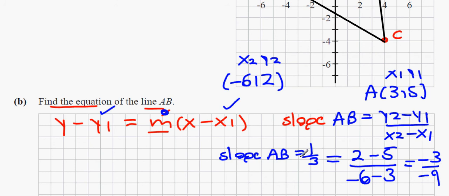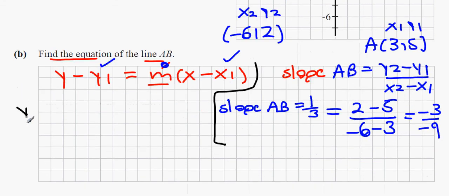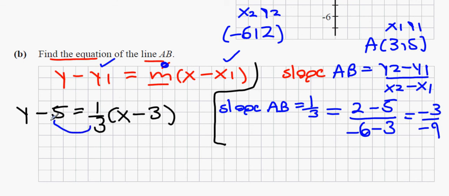Now that we have that done, what we're going to do next is find the equation of the line using this formula here. So it's going to be y minus y1, being 5, equals m, which is a third, into x minus x1, which is x minus 3. Now, what you need to do here is multiply across by 3. This side is being multiplied by a third, so when you bring it over the other side, it's being multiplied by 3.